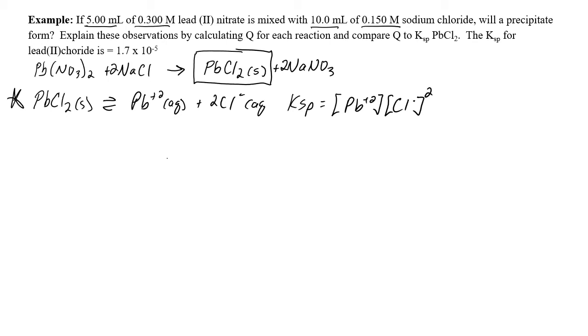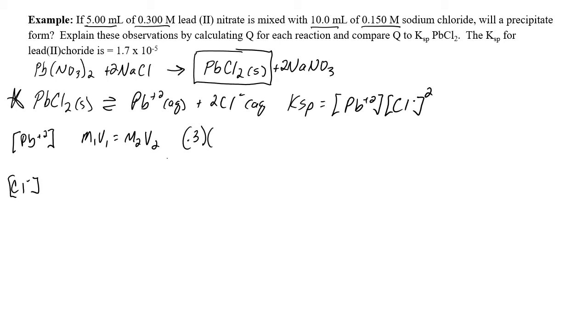So what we've got to do here is calculate our concentrations of each ion before I can plug them into my Q expression. For lead and chloride, we're going to use M1V1 equals M2V2. So your lead concentration was 0.3 initially.